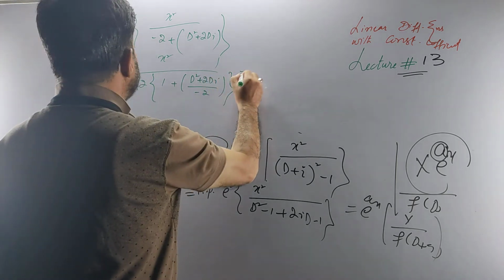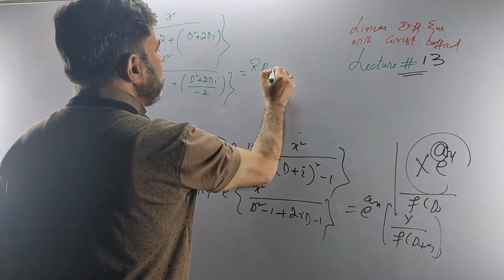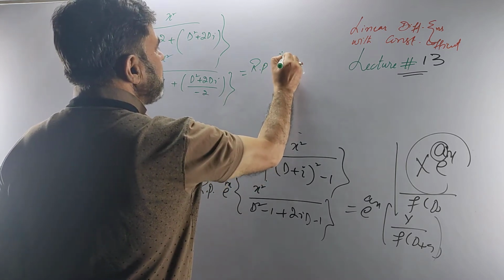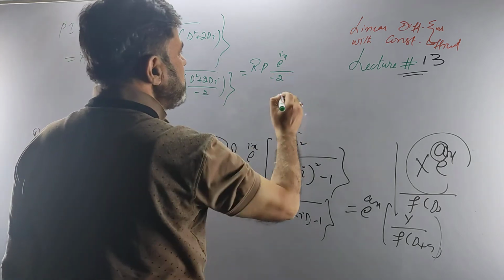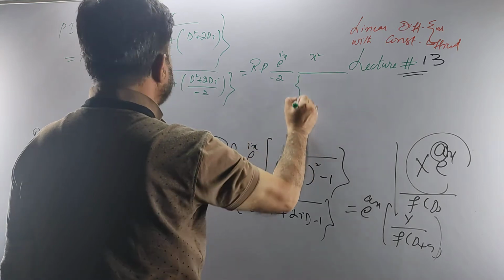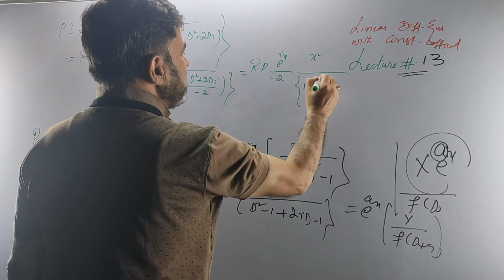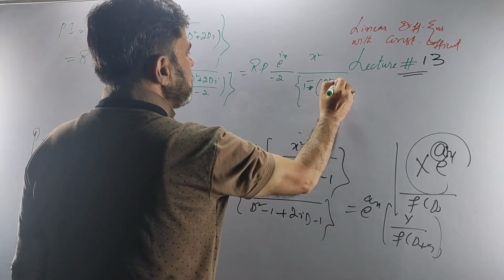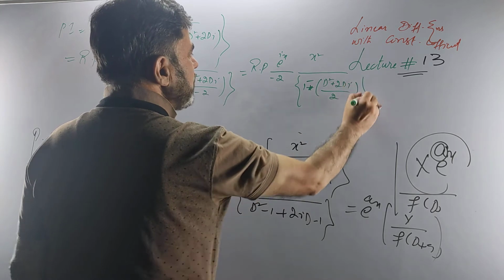This you can write further. It is a real part of e raised power iota x by minus 2 out. This is your x square by 1 plus, now it is minus 1 minus D square plus 2 D iota by 2. Be cautious here.